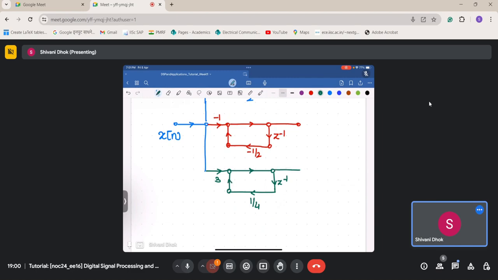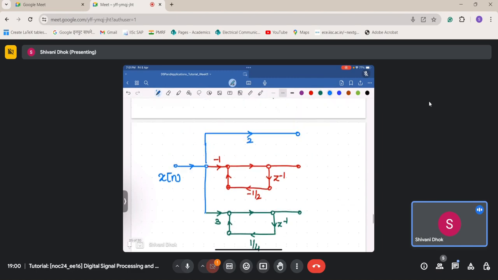Then we have this thing here, and all of these things get added. Should put arrows, otherwise it doesn't make sense. Like this, and this is my y of n. So this is the parallel form representation of the given system. Is it clear?